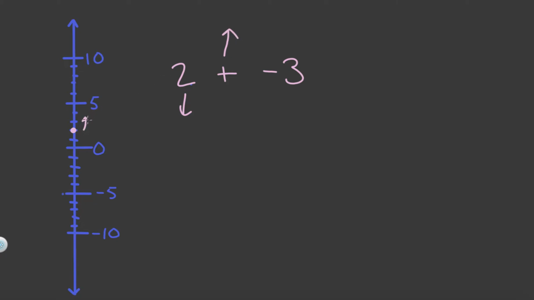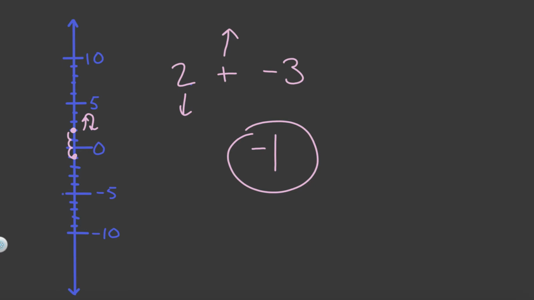Now, if it's followed by a positive number, then we're just going to keep going up. But if it's followed by a negative, we do a quick U-turn and we go down 1, 2, and 3. And where we land is our answer. So we're landing on -1. 2 plus -3 equals -1.